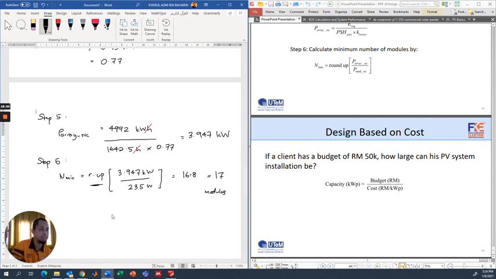If 1 kilowatt peak is equal to RM 5K, then we simply divide 50K by 5K to come up with the answer. The client can install a system with a capacity of 10 kilowatt peak. So design based on cost is very straightforward.